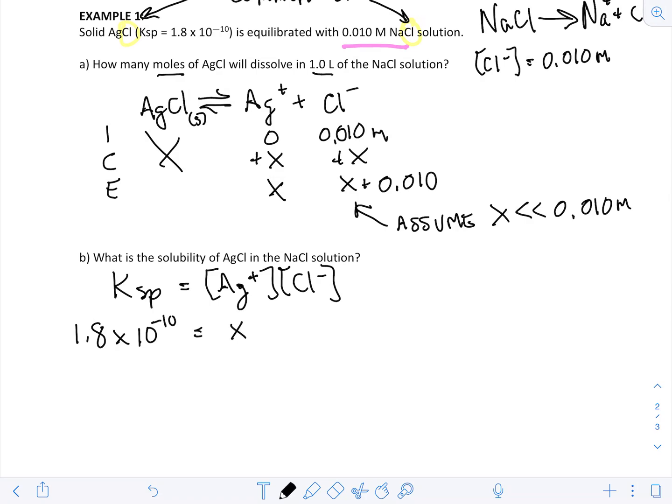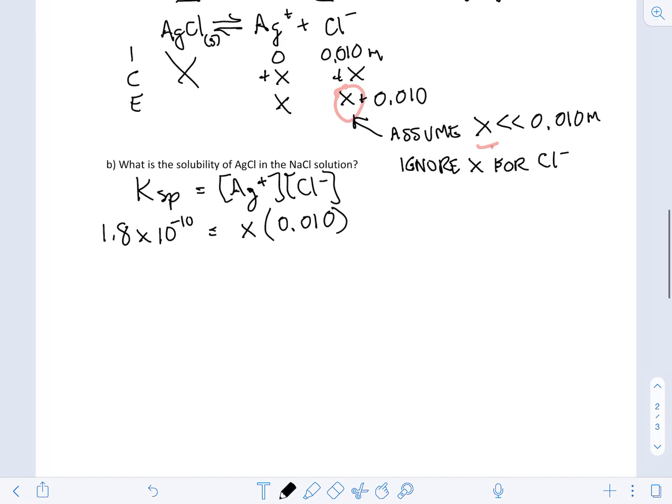We're going to make silver x, and chlorine just 0.010, because we're assuming that this x is tiny, so we're going to ignore it, only for the chlorine ion. When you solve for this, x becomes 1.8 times 10 to the negative 8th.